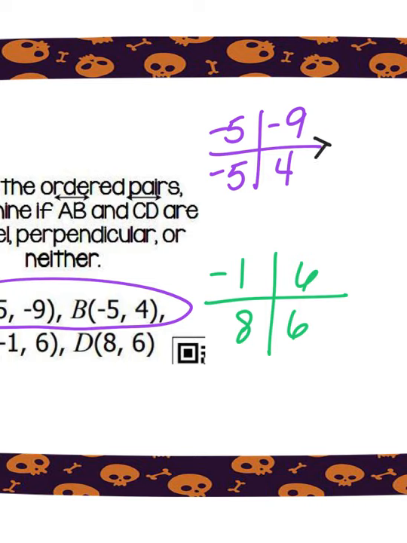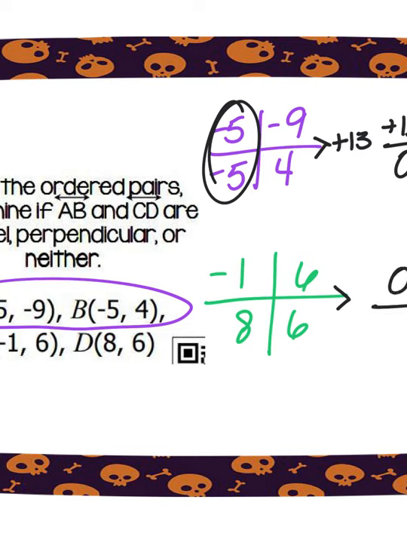My change in y in this case is a +13. Well, the change in x is a 0. You cannot divide by 0, so that means we have an undefined slope. Now when I go down here, my change in y is 0 this time. My change in x is a plus 9. Anytime you have a 0, you're either going to have undefined or 0. So in this case, this one would be 0.